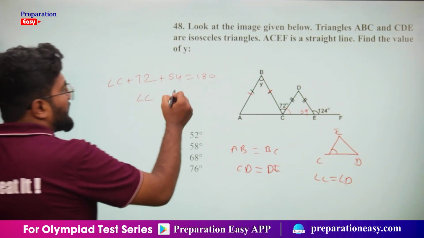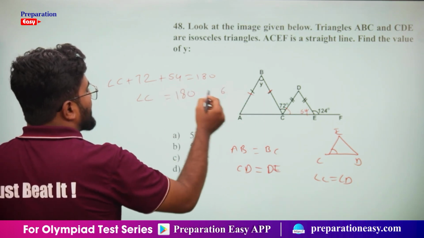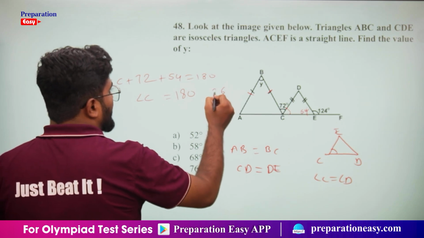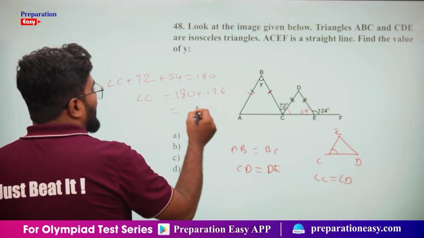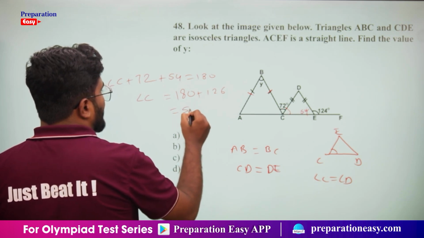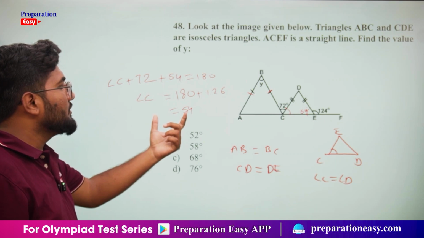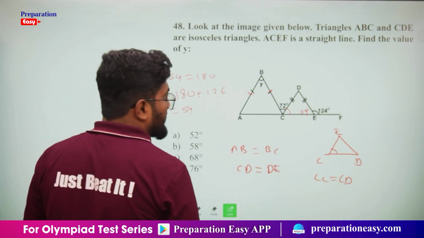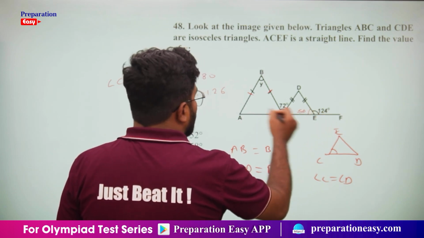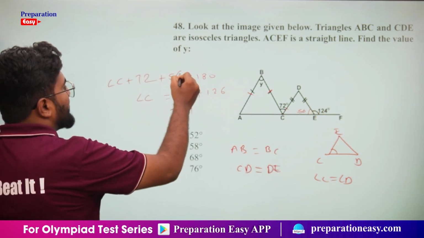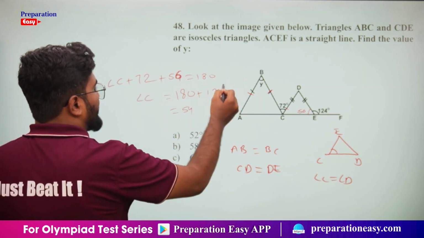Here it is 56, not 54, it is 56. So this would also become 56. 6 plus 2 is 8.